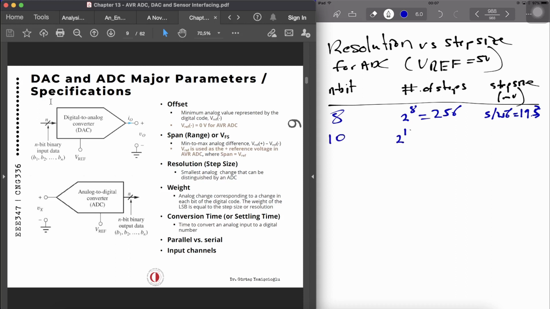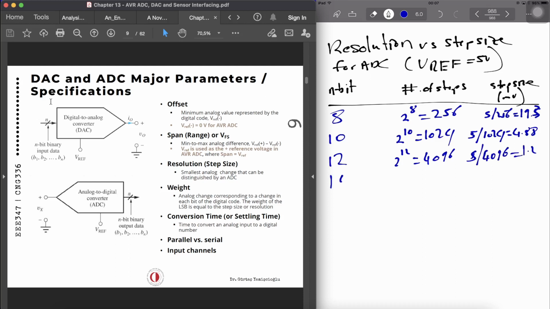That's going to give us 2 to the power 10, 1024. And that's going to be 5 over 1024, which is going to be 4.88 millivolts. Or 12-bit resolution, it's going to be 2 to the power 12, which is 4096. And that's going to be 5 over 4096, which will give us 1.2 millivolts.